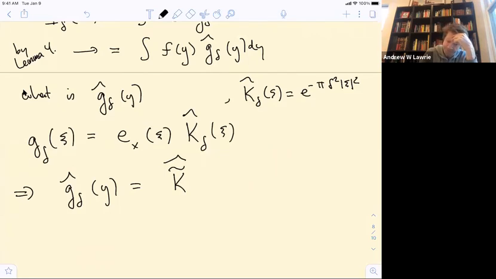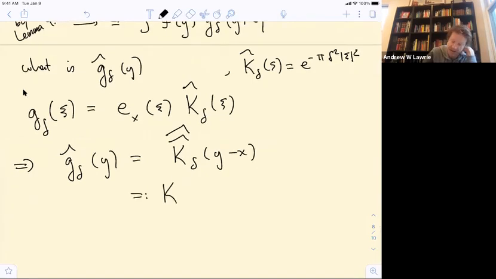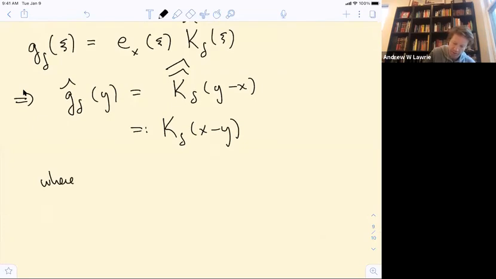I'm defining this to be k delta hat of y minus x, which is equal to, I'll just define this function, k delta of x minus y, where k delta of z is equal to 1 over delta times e to the minus pi z over delta squared.